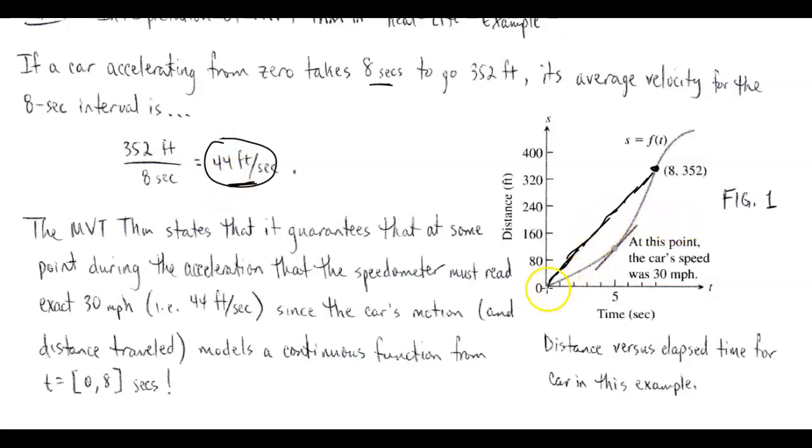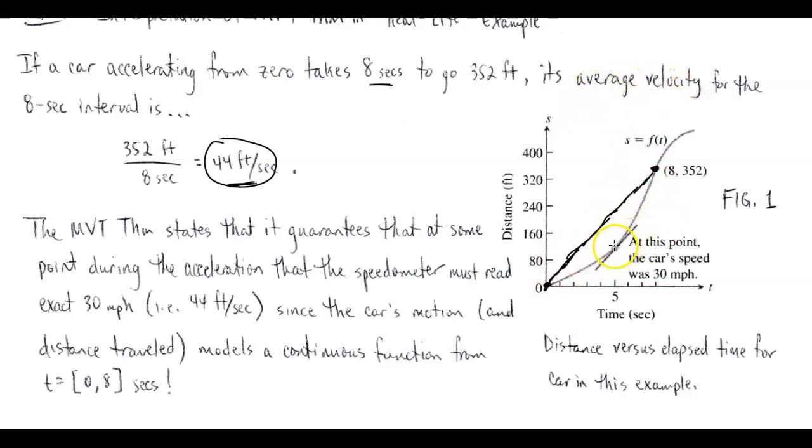So if we went 352 feet in 8 seconds, and this car was continuously moving during the whole time, then the slope of the secant line going through this particular function, from this point to this point, will give us the average rate of change, or in this case, average velocity.